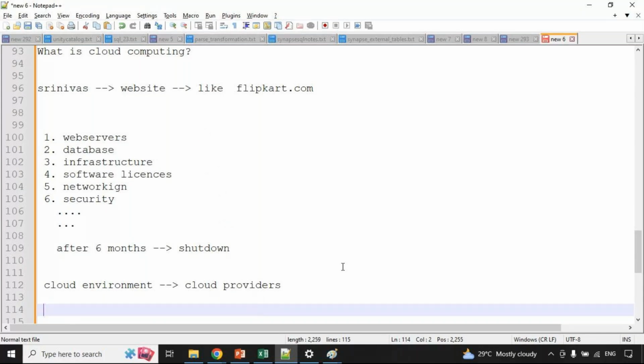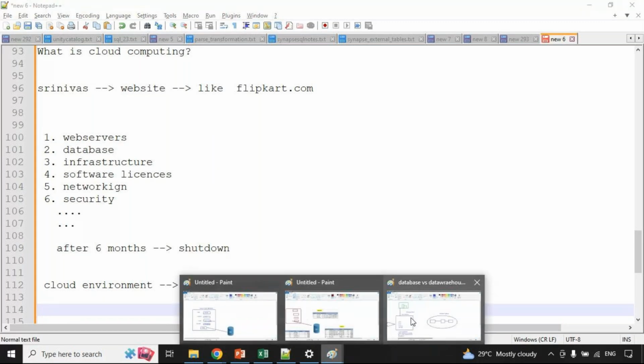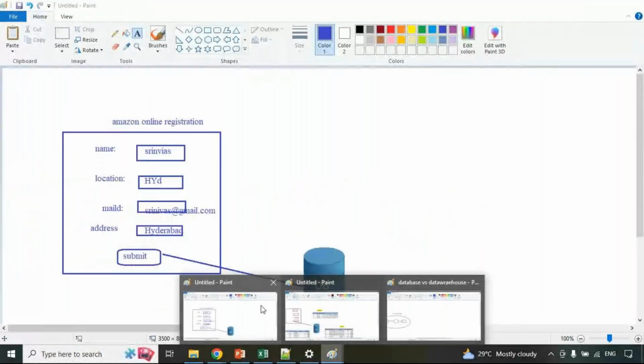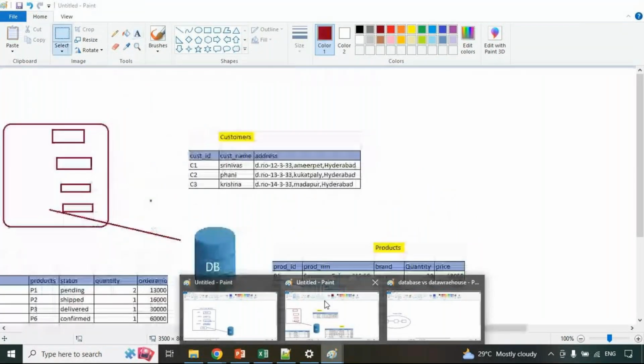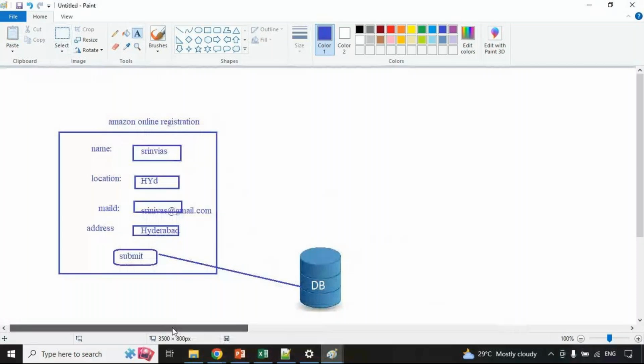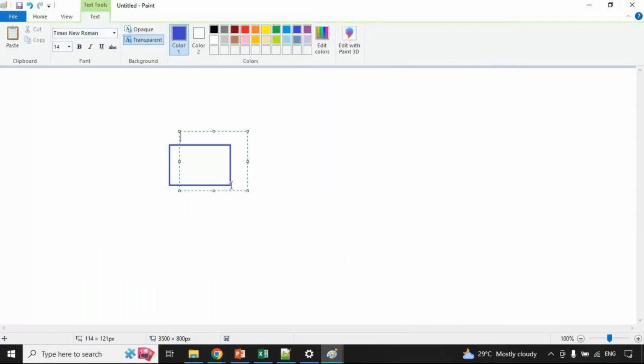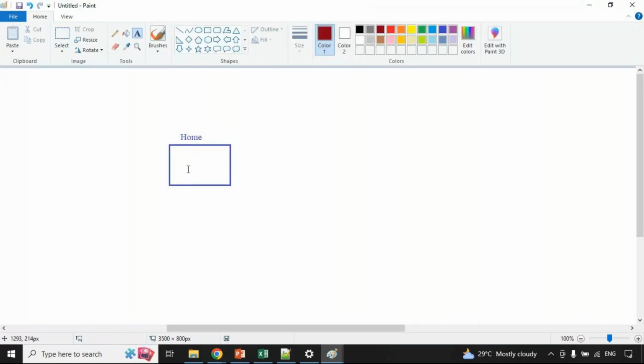Consider one simple example. I'm going to stay in my home, using my laptop. This laptop is connected to the power socket.